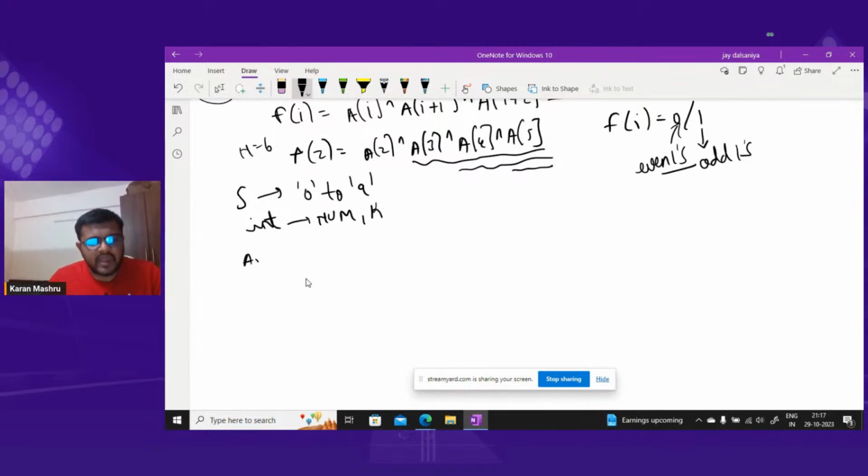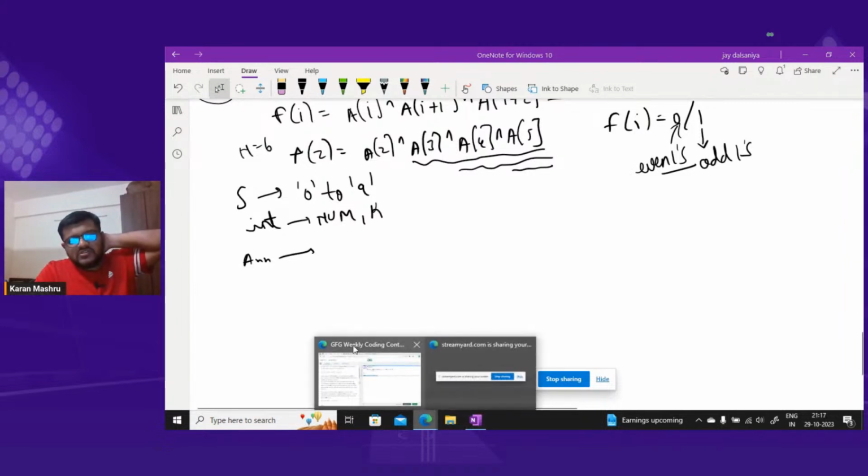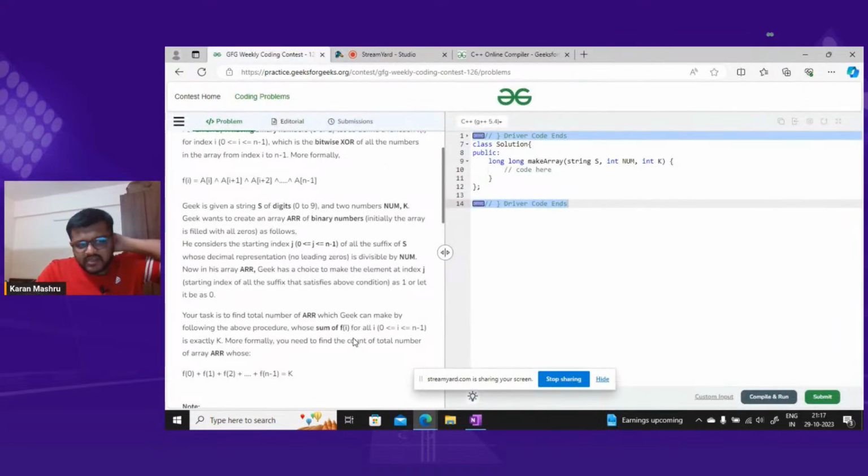Geek wants to form an array ARR such that this array is binary, so the values in this array will be 0 or 1, such that he considers the starting index j, where j is between 0 and n minus 1, of all suffixes of s whose decimal representation, with no leading zeros, is divisible by num.